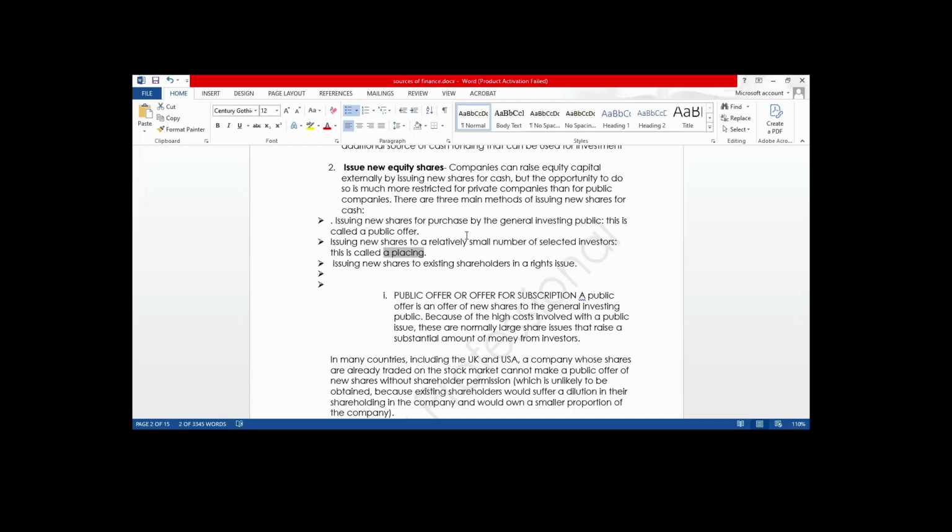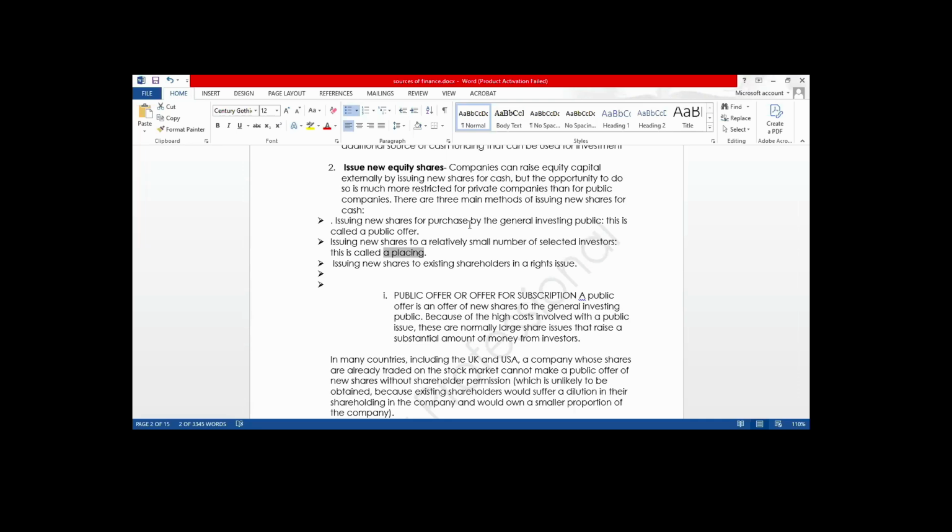We have placing, also known as private placing. This is the issue of new shares. It involves issuing new shares to a relatively small number of selected investors.